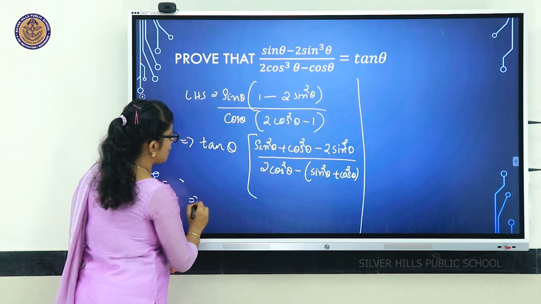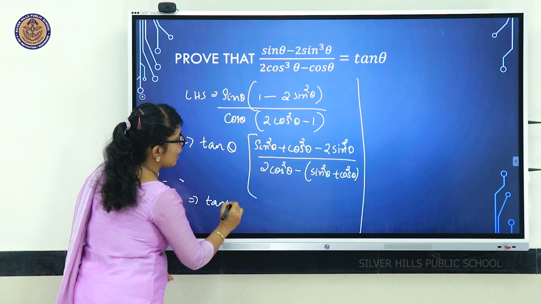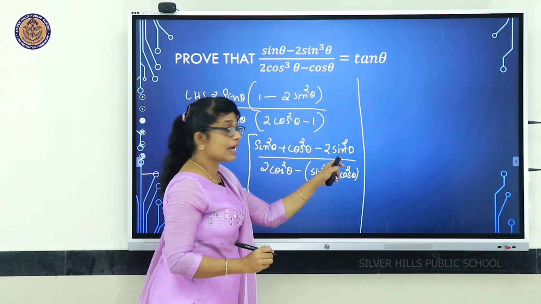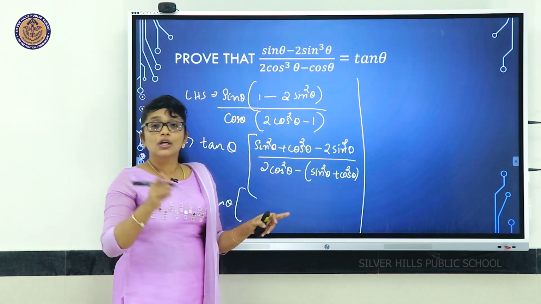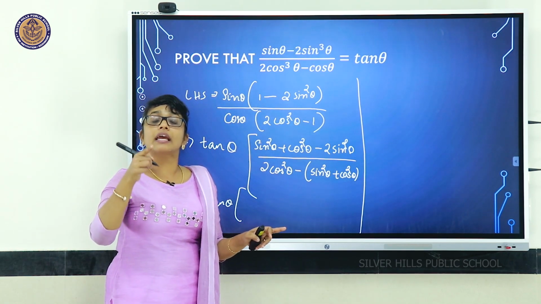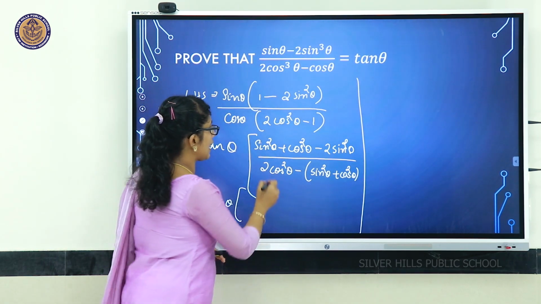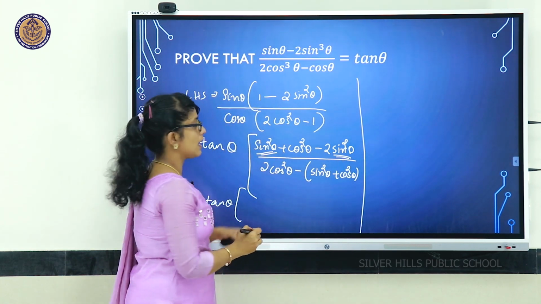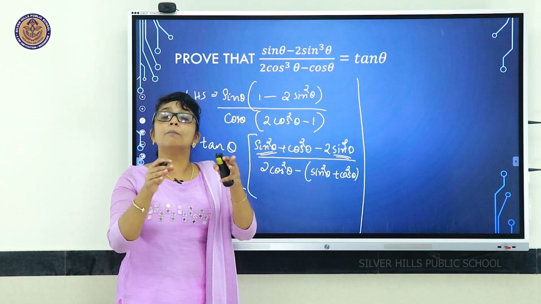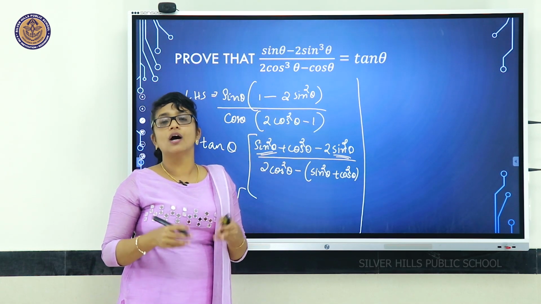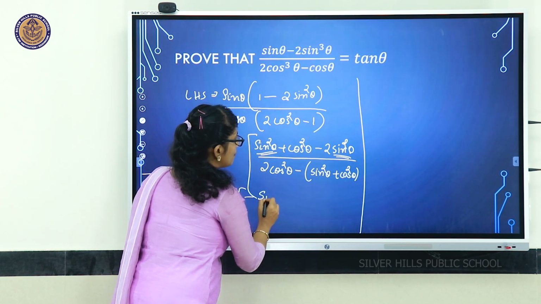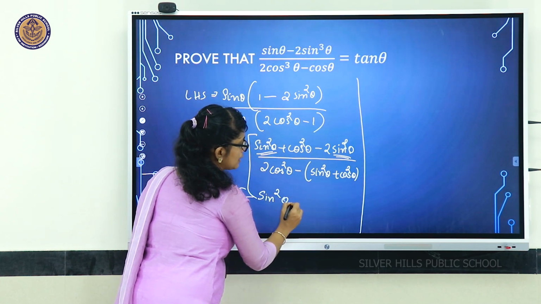Then next step, tan theta into sin square theta minus 2 sin square theta. You have to check whether there are any like terms. Here the like terms are sin square theta and 2 sin square theta. Sin square theta minus 2 sin square theta, 1 minus 2 is minus 1, so we can write minus sin square theta.